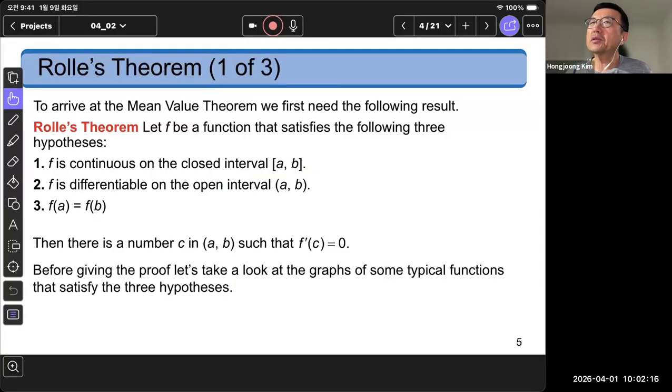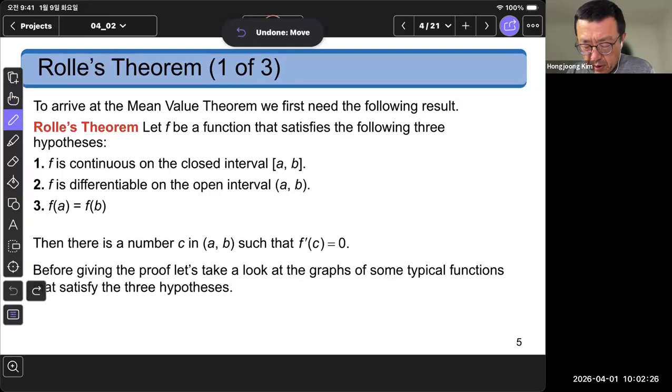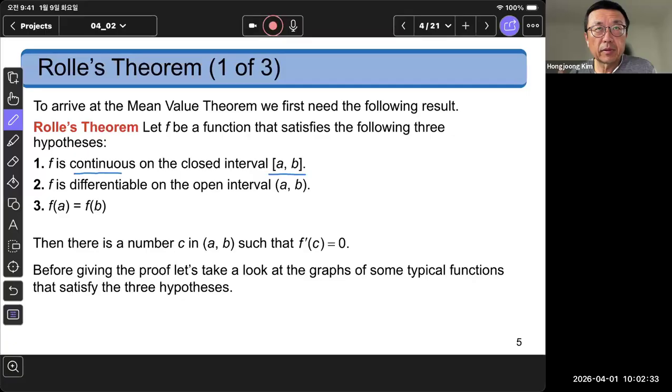Rolle's theorem is simple. If your function is continuous on the closed interval from A to B, and it is differentiable on this interval without the endpoints, because so far we didn't study how to differentiate a function at the end of the interval.